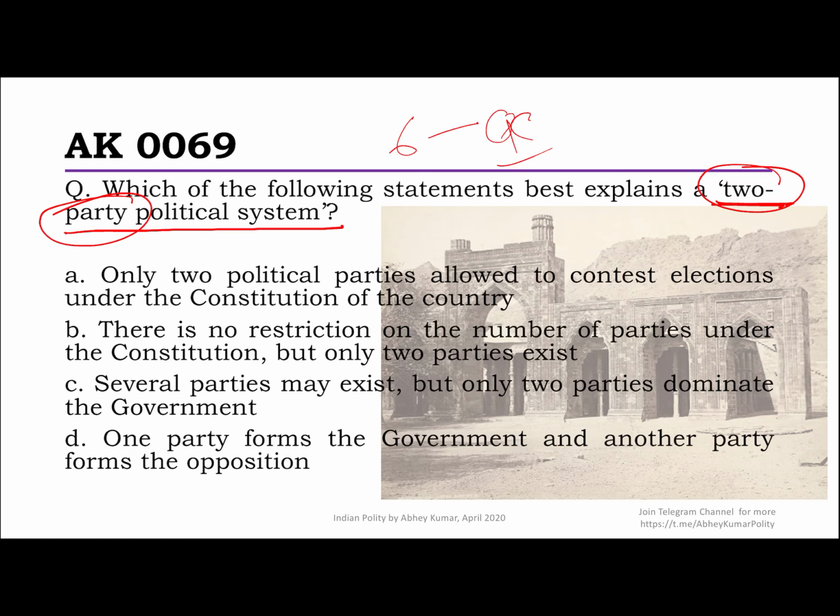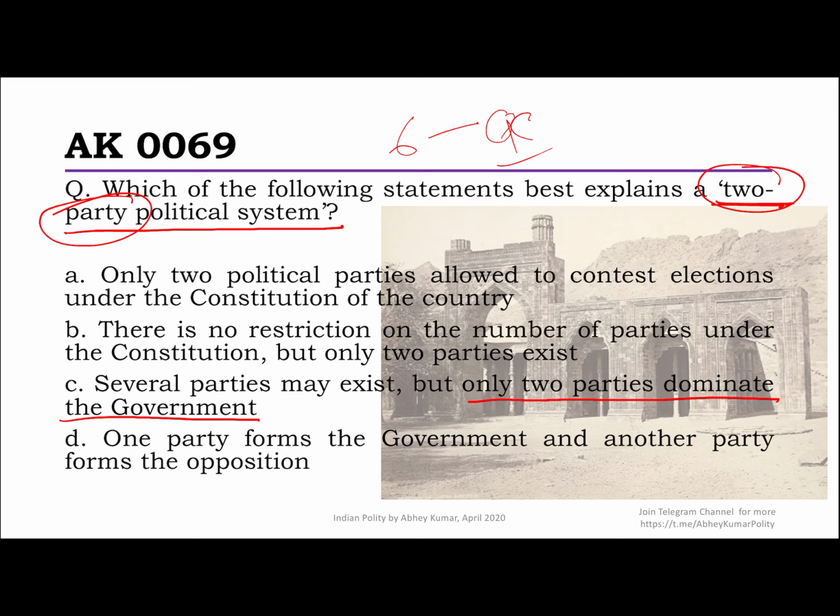But what happens over time? Just two parties start dominating the government, right? So it so happens that either it is the Democrats or the Republicans in the American system today that you will see. They will take control not just of the presidential office, but even their legislature, even though there are many other parties also.